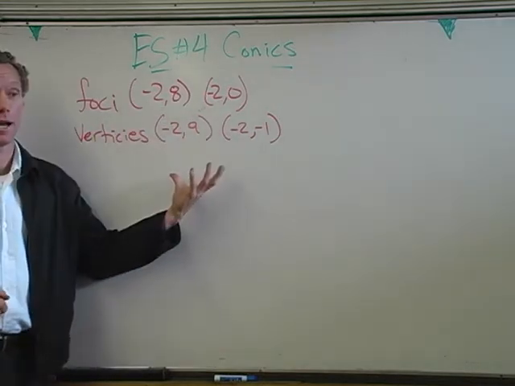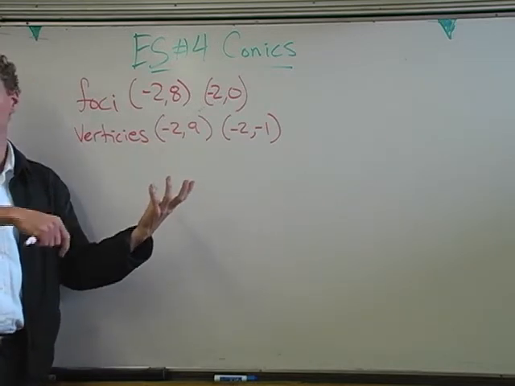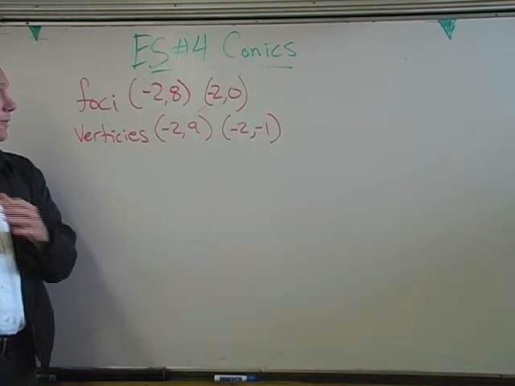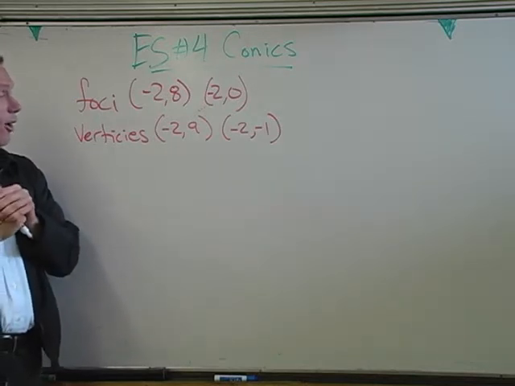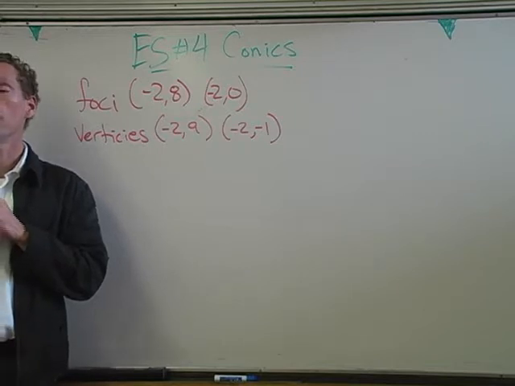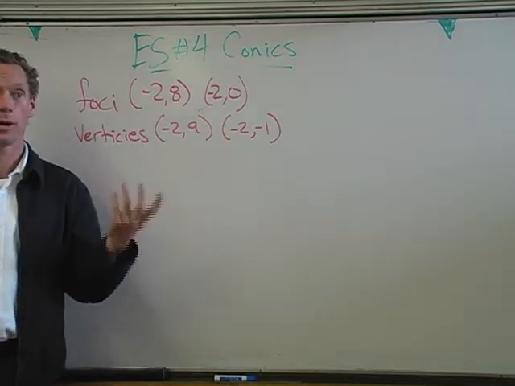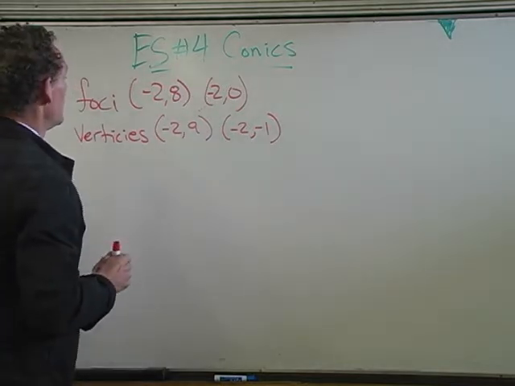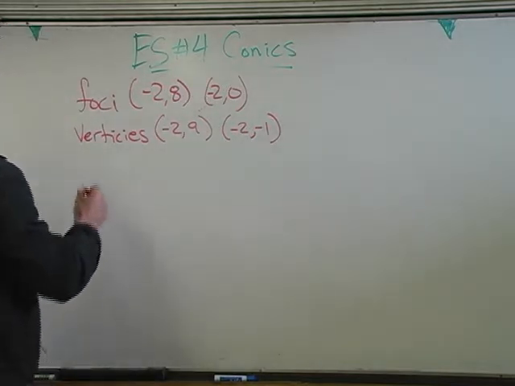The first thing that I would do with this is make a rough sketch, because from this information you know where the foci are, you know where the vertices are, you're going to be able to find the center, and then we're going to find a, b, and c, where the co-vertices are, and what type of conic this is. So make a rough sketch.